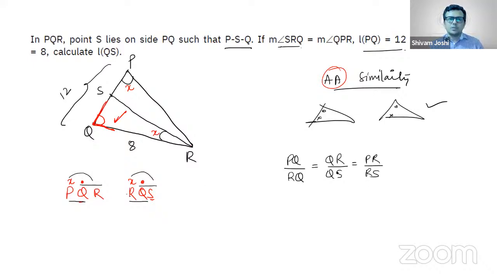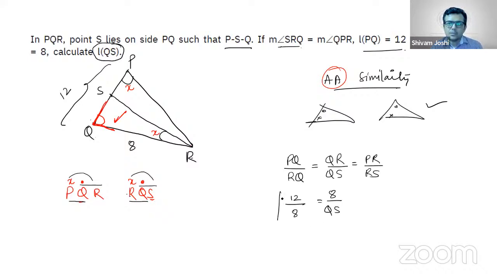Now I can simply substitute the values. PQ is 12, RQ is 8, QR is obviously 8, and QS is what we require.